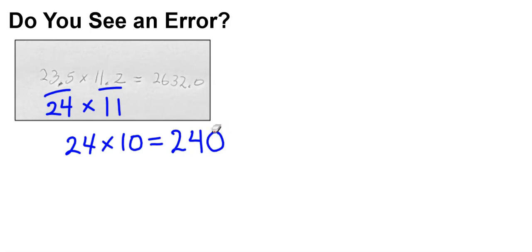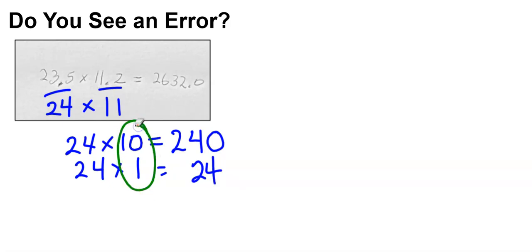Well, if I'm multiplying something 11 times, I've already multiplied it 10 times, so I'm going to multiply 24 times 1, and that is 24. So together I have multiplied that 11 times. So I'm just going to add that together, and I can easily get 264.